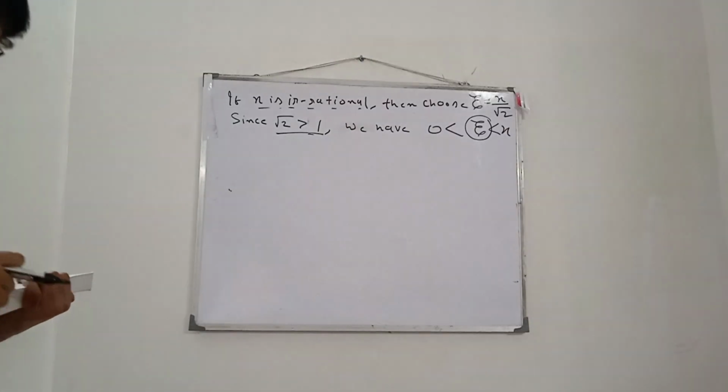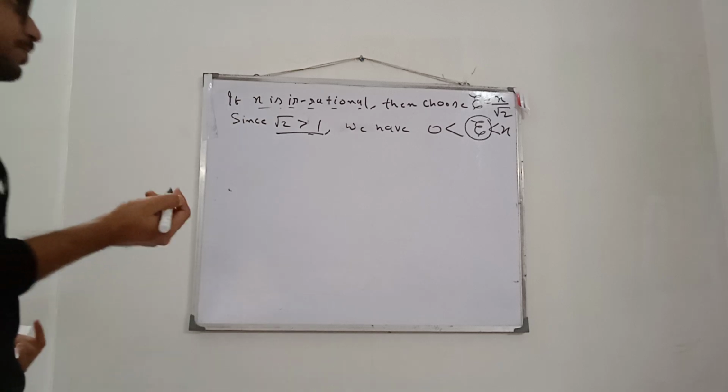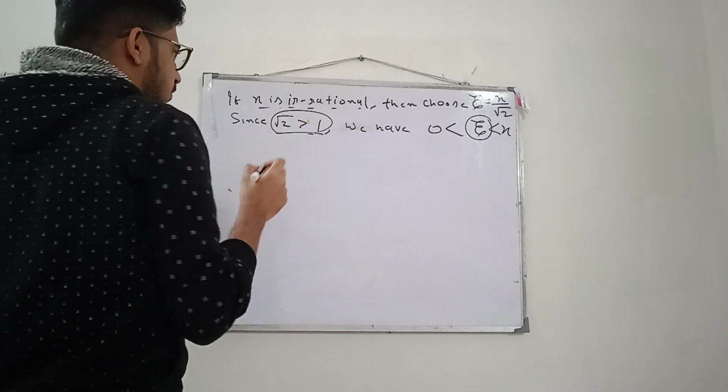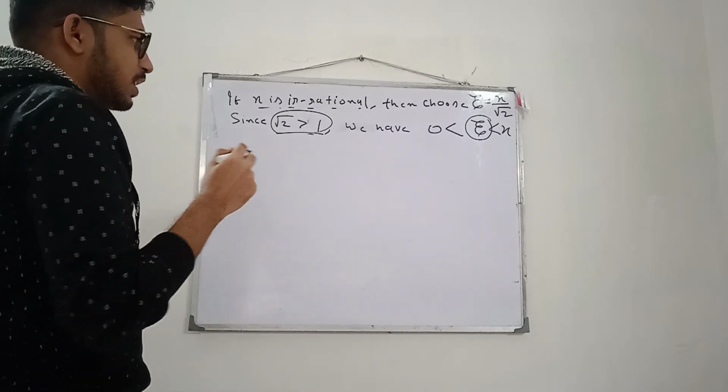In fact, there are infinitely many irrational numbers between any two real numbers. Therefore, infinitely many irrational numbers. So since root 2 is greater than 1, we have this one.